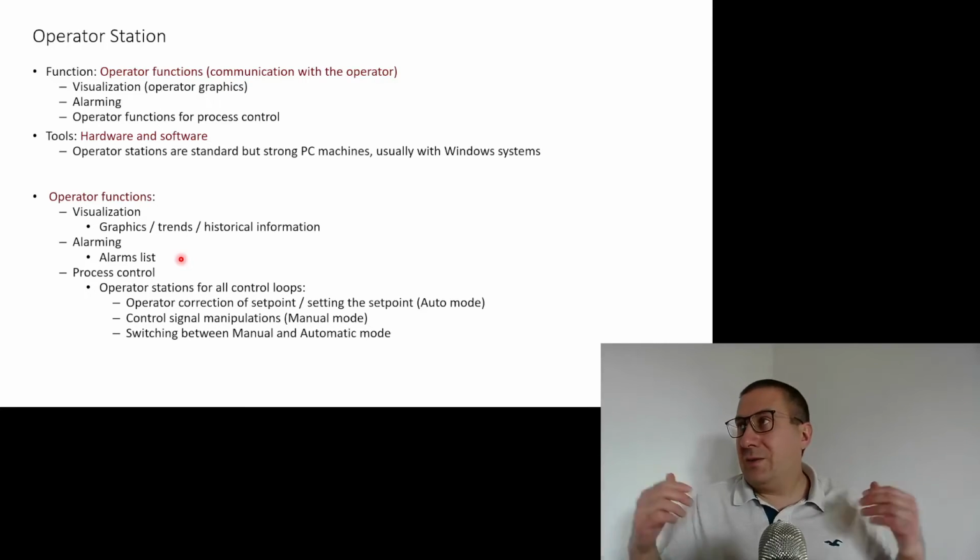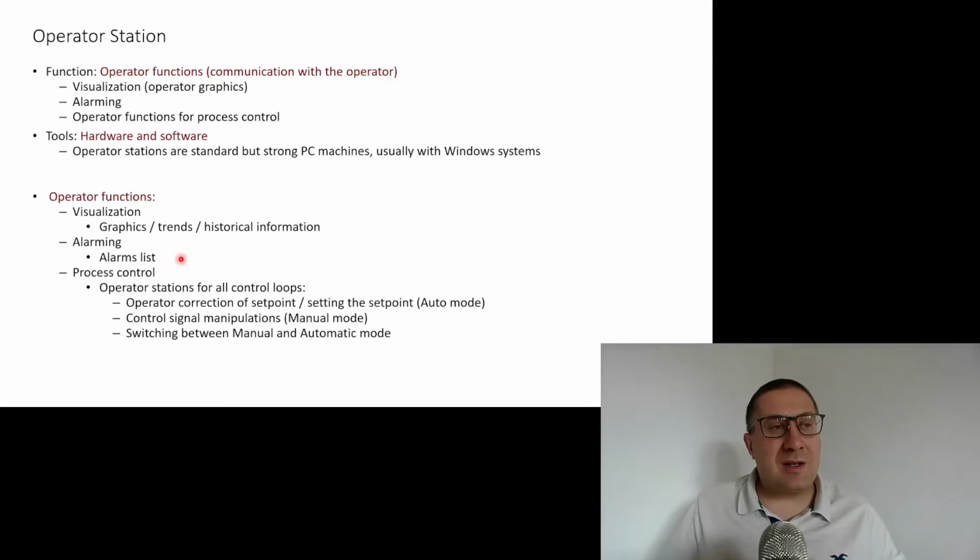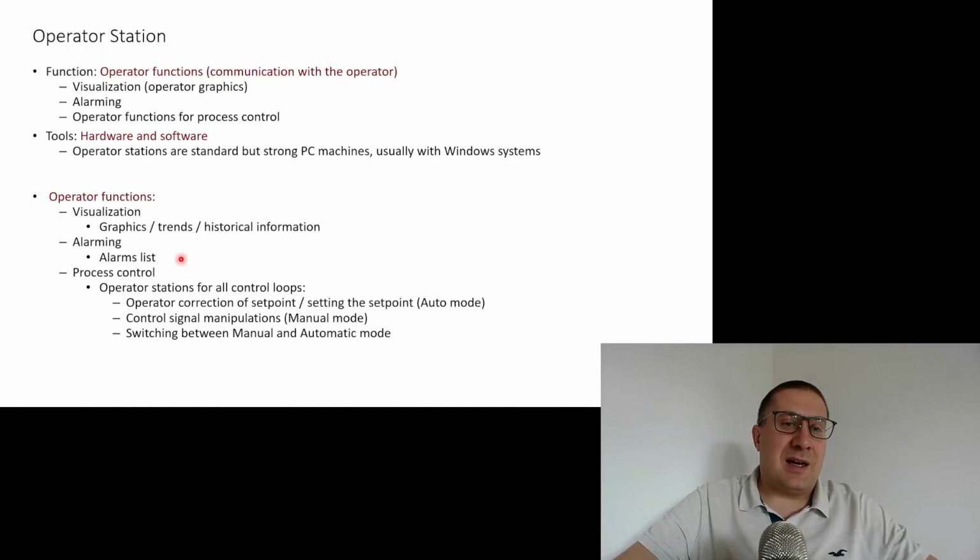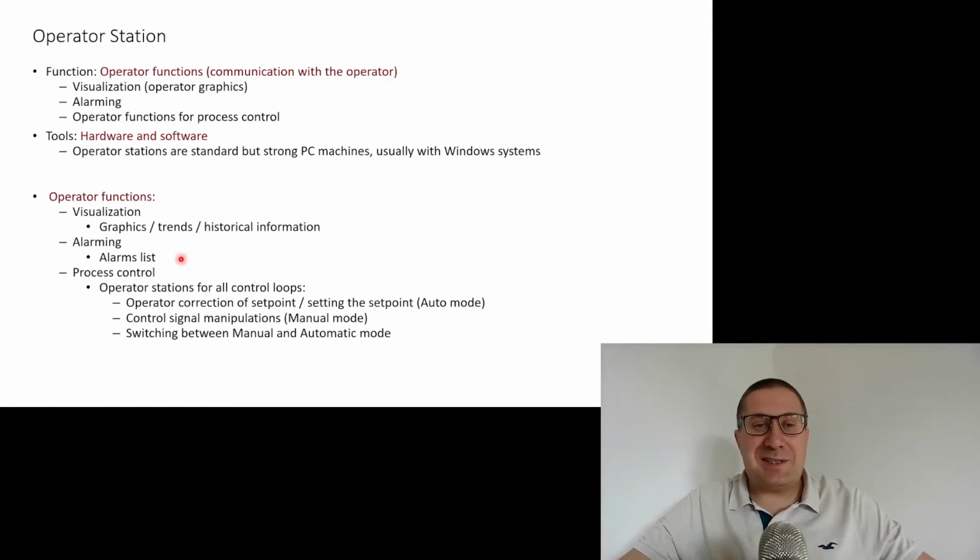Or, I know our friend called us that he hears some strange noises from the fan, and it's better to take this fan into manual mode, reduce the load, because there is a risk of a failure. Those are normal PCs, strong but normal PCs, usually with some normal operating system.